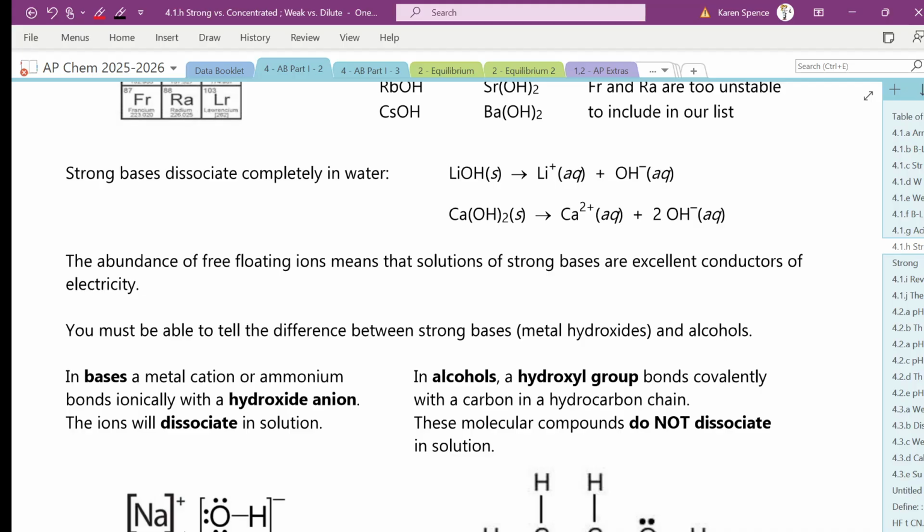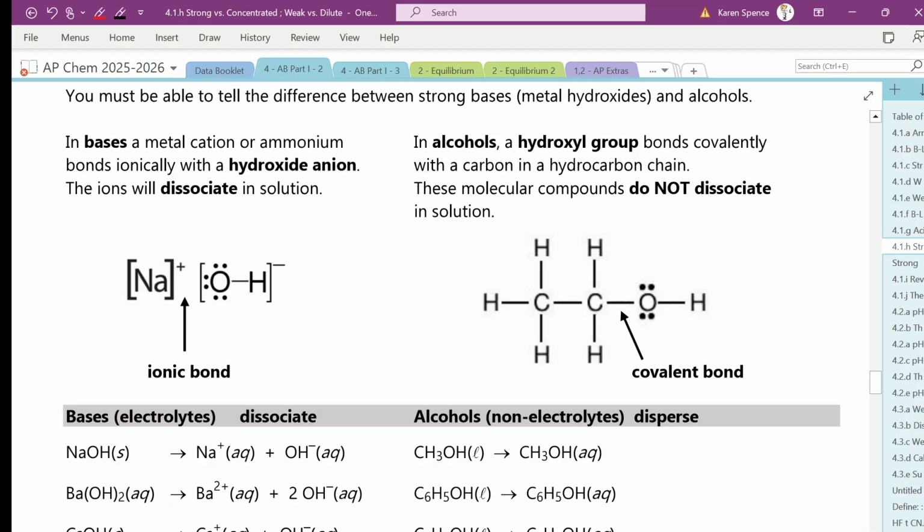You should also, because you are brilliant people, be able to tell the difference between a base and an alcohol. They both contain OH. A base is going to have a metal or NH4+, ammonium, but you're going to have an ionic bond.